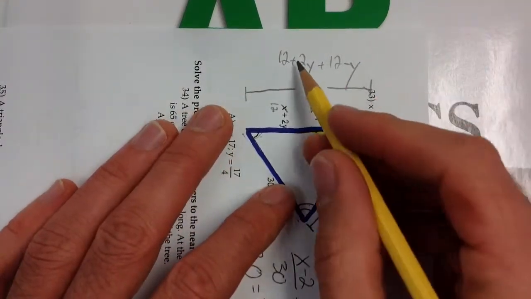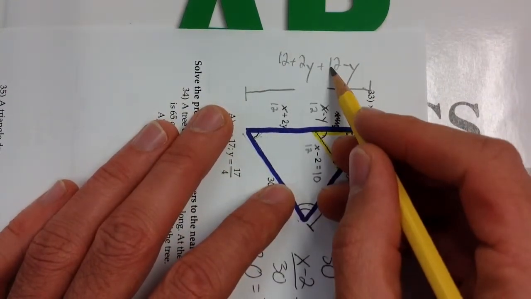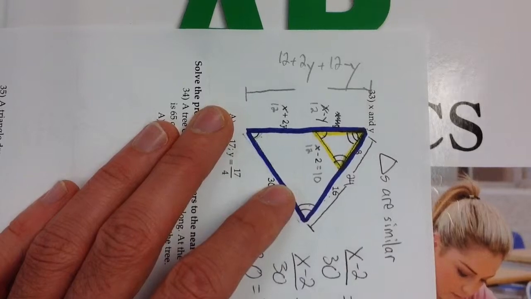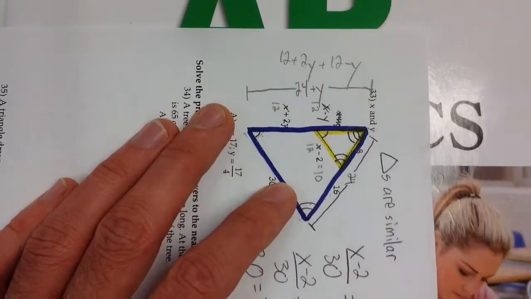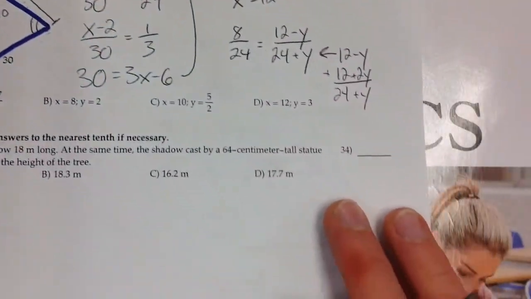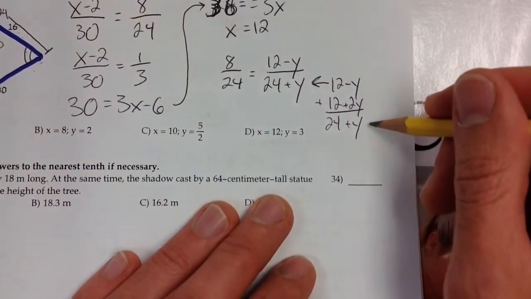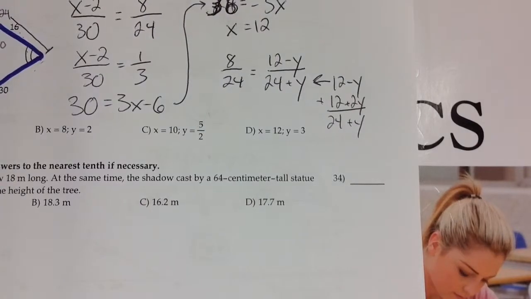And when you combine those two, you get 24, and then 2y minus y is positive y. So 24 plus y is that length there. So that's how we're getting 24 plus y here. And then let's finish this up.